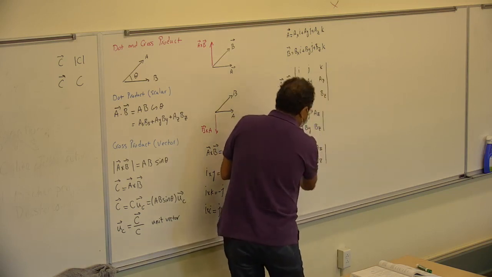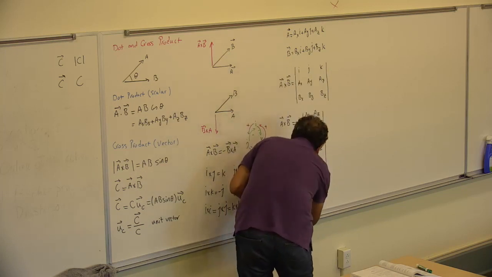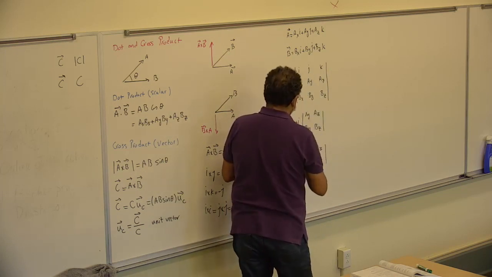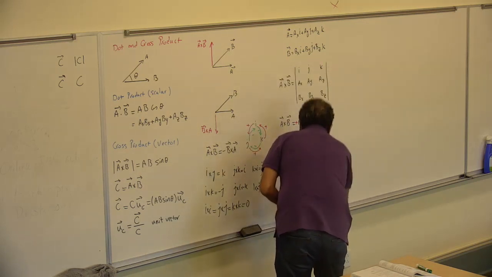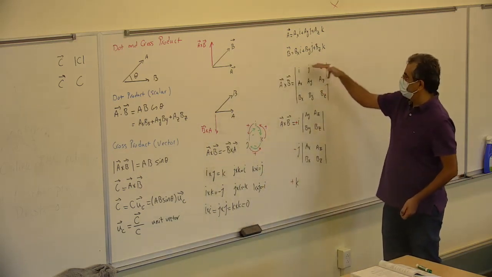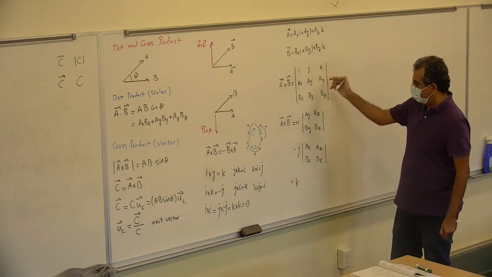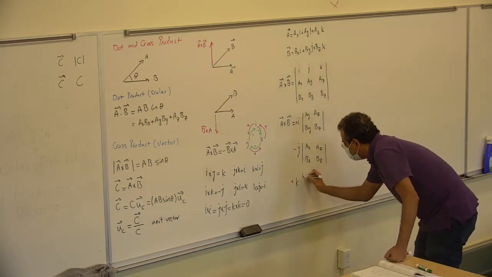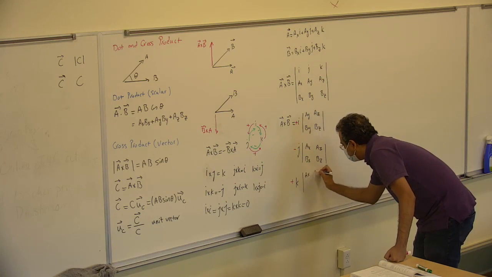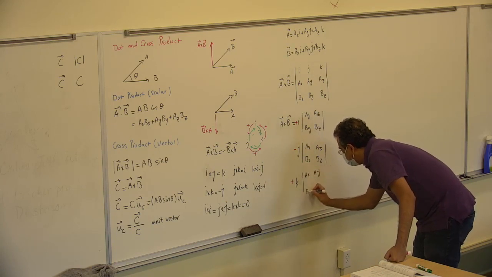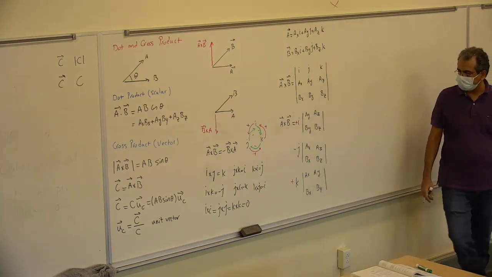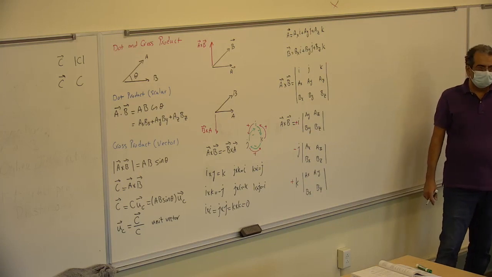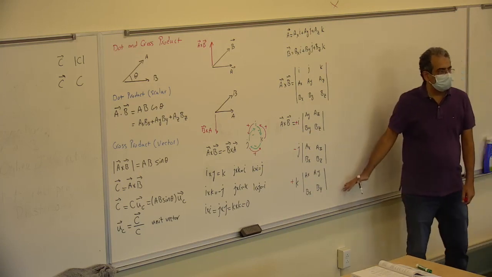Then plus k: eliminate the row and column that has the k and write the rest: AX, AY, BX, BY. Agree up to here?